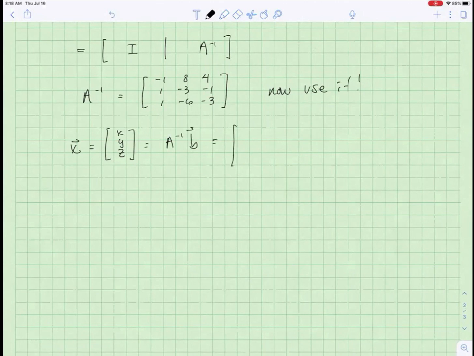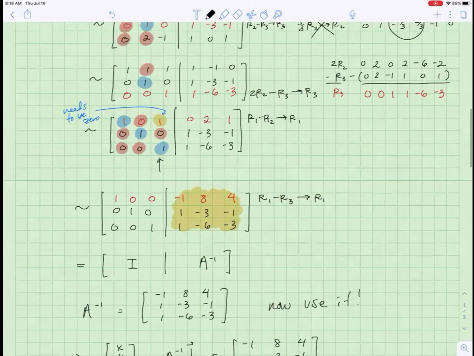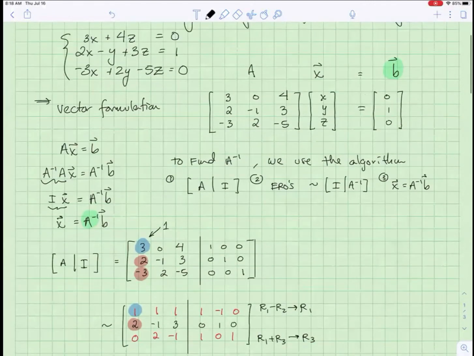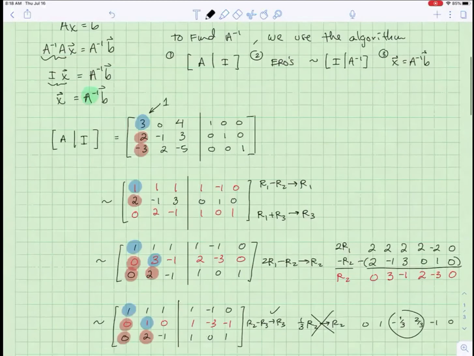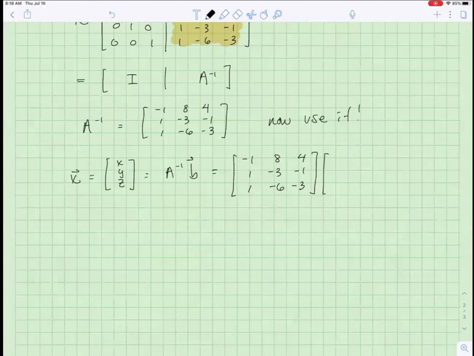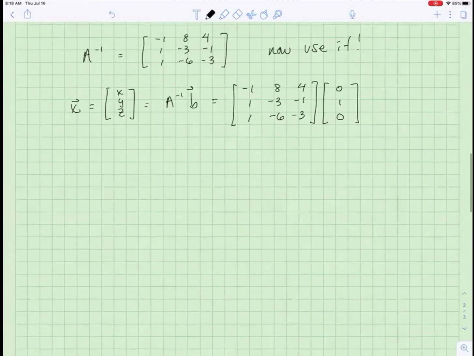So we have our A inverse, negative 1, 8, 4, 1, negative 3, negative 1, 1, negative 6, negative 3, assuming we haven't made any mistakes, times our B column. And if we go back up here and look at our B column was 0, 1, 0. So let's put that back down here. Times 0, 1, 0. So this should be pretty easy to multiply out.